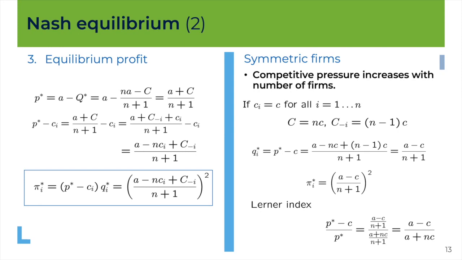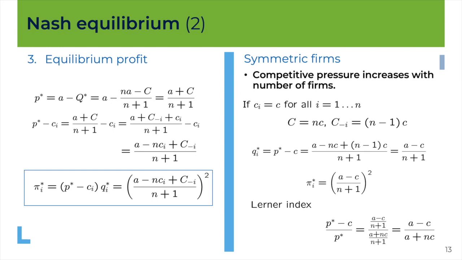And at the limit, if you let n tend to infinity, this Lerner index would tend to 0, which means that when you have a very large number of small firms, which is perfect competition, the market power goes to 0.